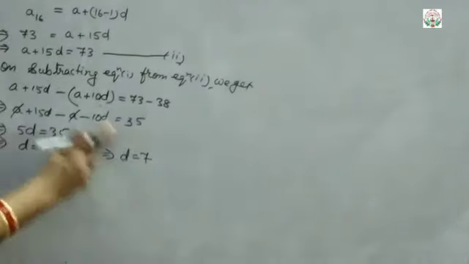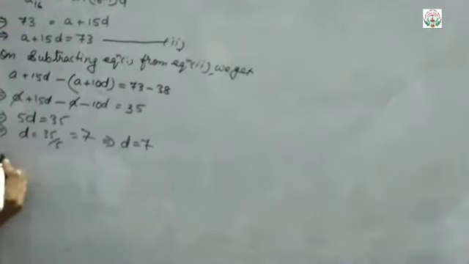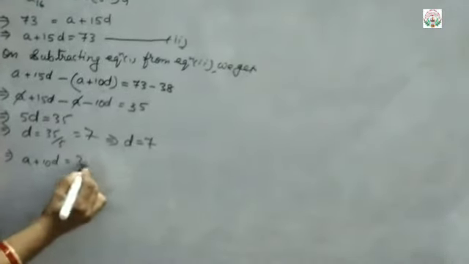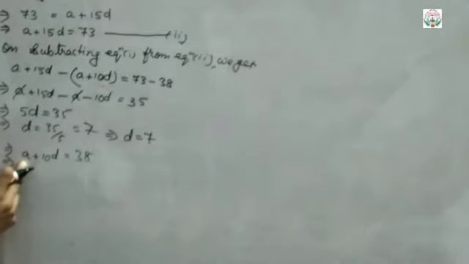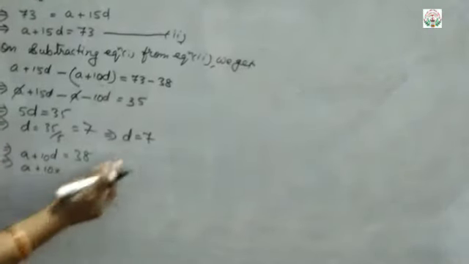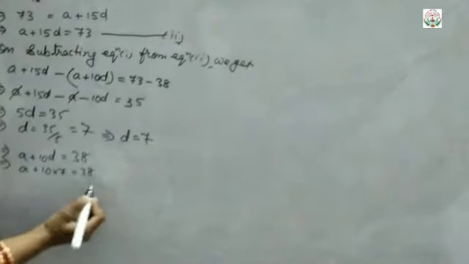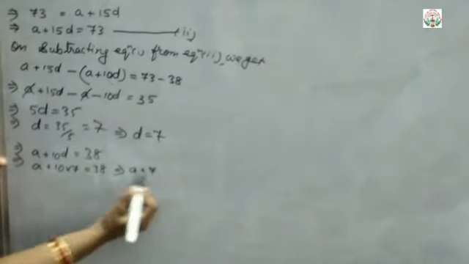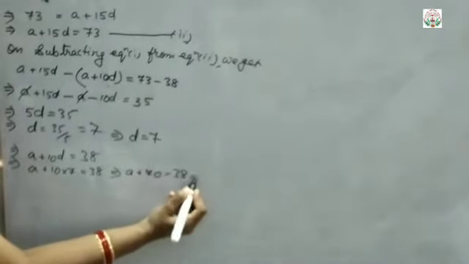Now the D value we got, so from the first equation I can get the value of A, that is A plus 10D equals how much? 38. So now put the value of D and get the value of A. A plus 10 into 7 equals 38. Implies A plus 70, because 10 sevens are 70, equals 38.